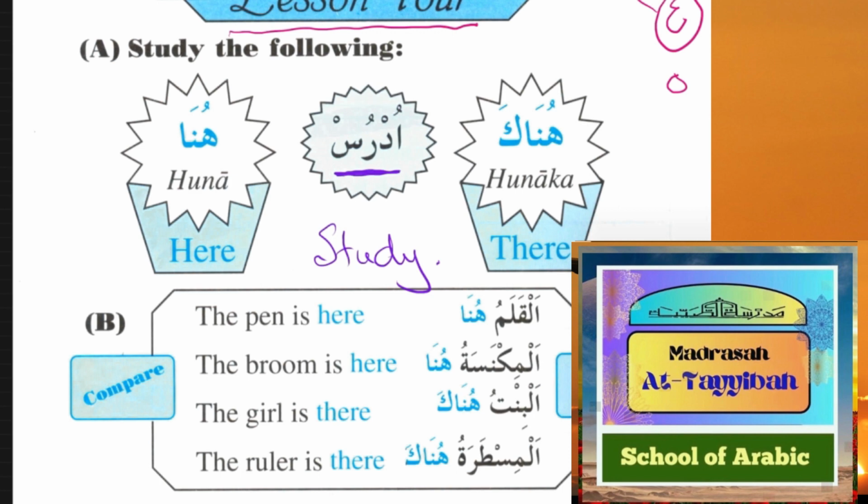So we have 2 key words in this lesson. Firstly, هنا, which means here. هنا, here. And secondly, هناك. هناك means there.